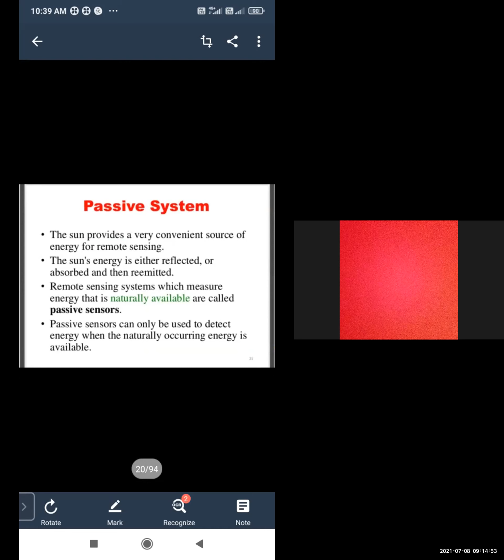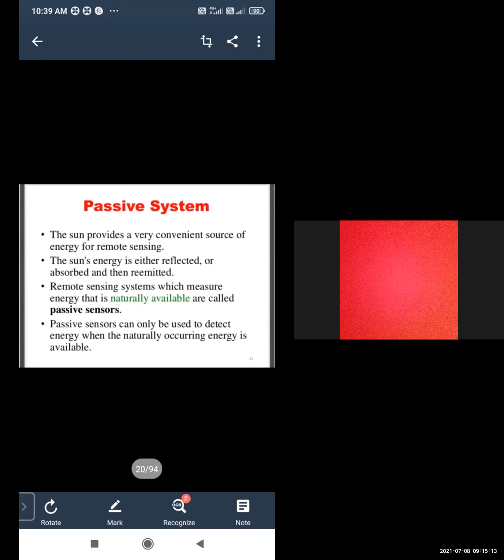Remote sensing systems which measure energy that is naturally available are called passive sensors. Due to dependence on sun rays, the sun is a natural source, so it is also called a naturally available sensor.